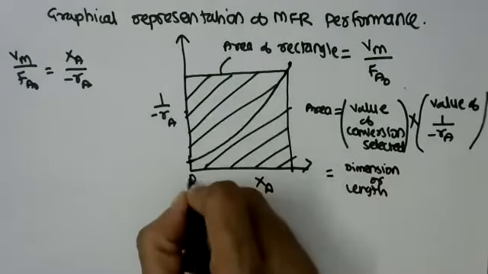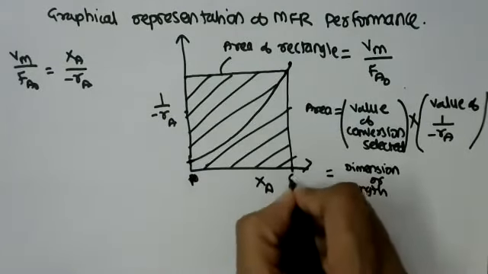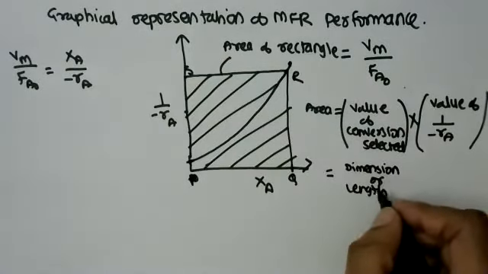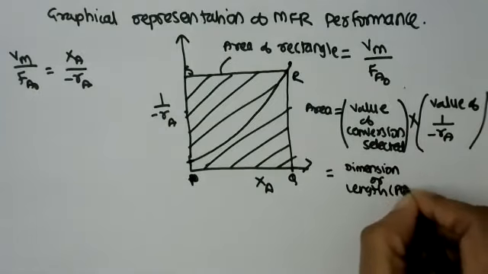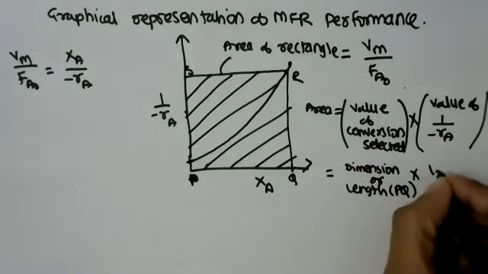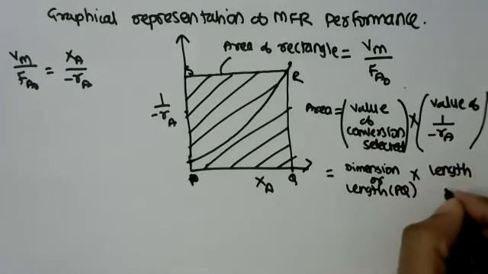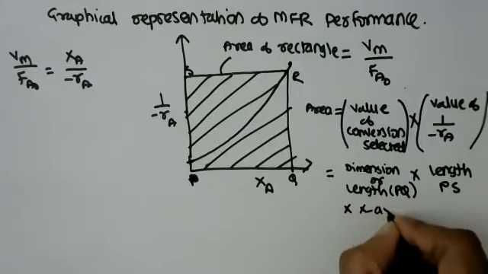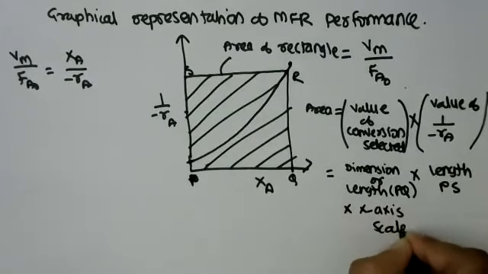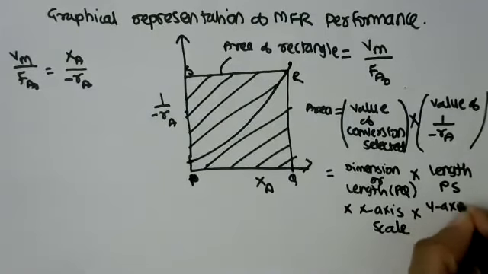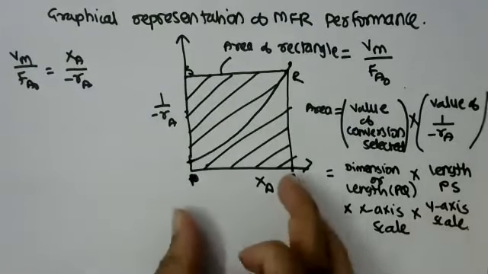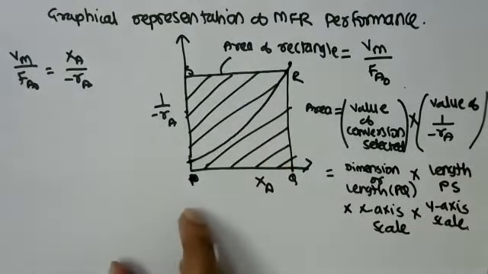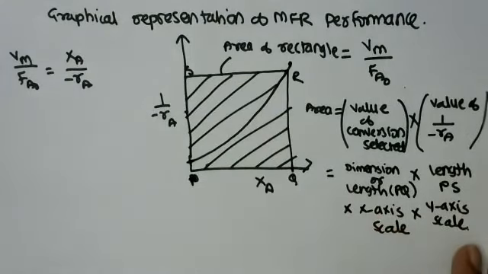Say if I say P, Q, R, S, so length PQ multiplied by length PS multiplied by x-axis scale multiplied by y-axis scale. So if you simply consider the geometric length, these two, then you have to multiply by the x-axis and y-axis scale.